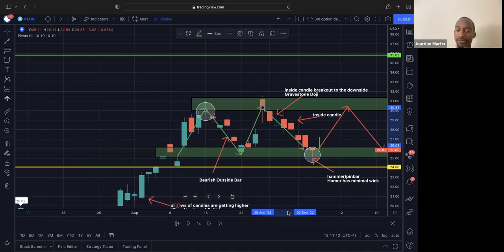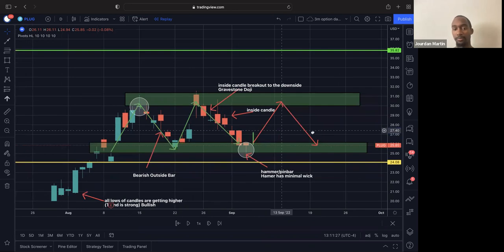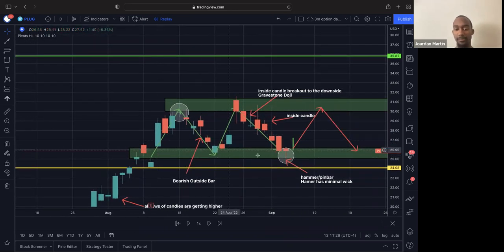You start getting into patterns. You're going to start knowing about double tops, triple tops, bottoms, all of that. It's not so important what it's called. It's more important that you understand what it means. So you can say it's a double bottom, it's a triple bottom, whatever. Not the point. The point is, we see price coming to the same spot. What did it do last time? It went up.